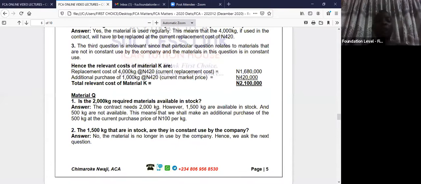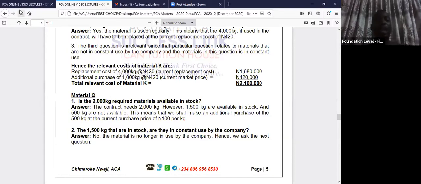Now let's stop so far. It says there are 1,500 kg available in stock. We are saying yes to that. That means we are going to move to the next question with regards to 1,500. And that implies that there are 500 kg not available. What does that mean? Additional fresh purchase.